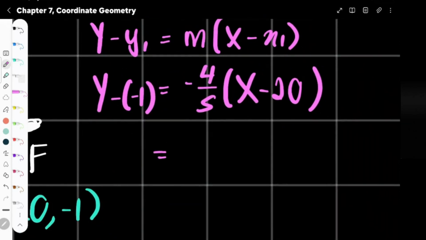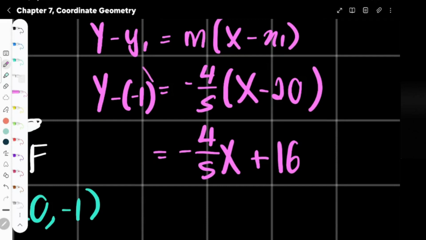So you can expand it. So become 4/5 x, plus, and then use your calculator. So -4/5 times -20, you will get 16. And then y plus 1. This is plus, right? Negative. So y plus 1.